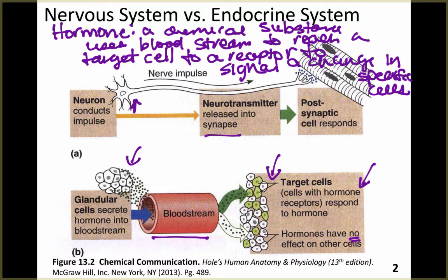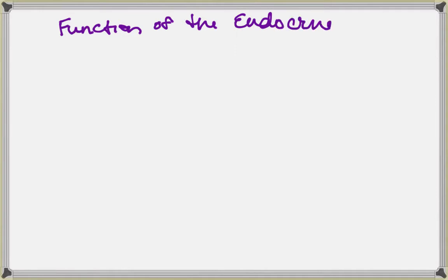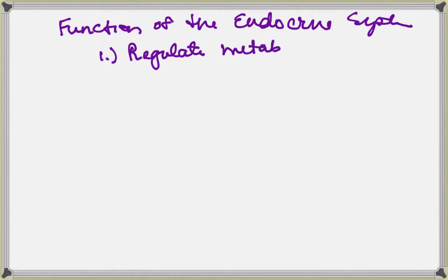Okay. And so let's talk about the different functions of the endocrine system here. So first, it's important because it helps to regulate metabolism. It can help to control the rate of certain chemical reactions.